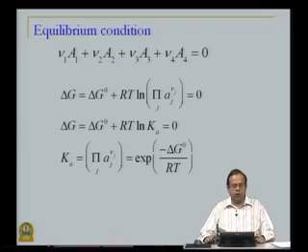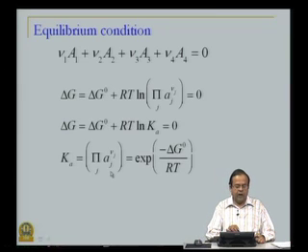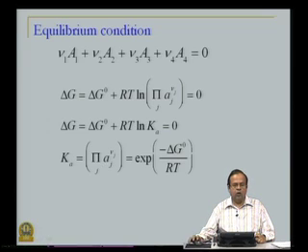From there we saw that we can define the equilibrium constant Ka as the product over all species j of the activity of species j raised to nu j. So, before we proceed further, let us take a few examples and see how this information is useful.